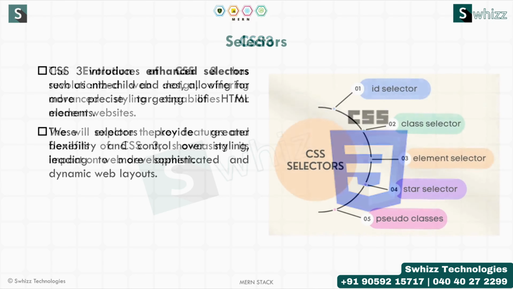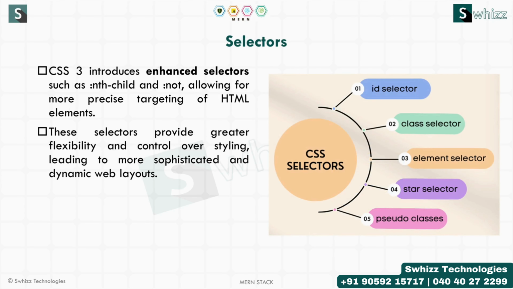We have many CSS selectors, like the ID selector, class selector, element selector, star selector, pseudo selectors, and multiple selectors. These are the top 5 which we will use for styling the HTML. For example, in the HTML we have header, footer, and multiple divs, right?